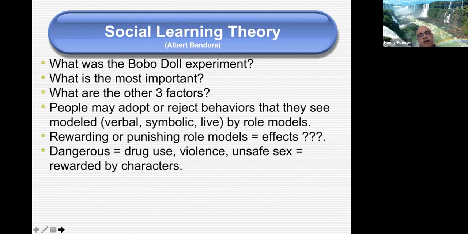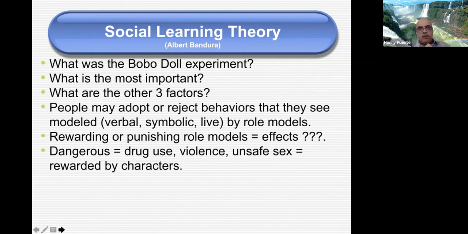Basically, Albert Bandura does a Bobo doll experiment in front of a bunch of kids. It was done in the lab, which is kind of the weakness of these effects theories: you can't replicate society in a lab. It's very difficult because society is an uncontrolled environment and a lab is a controlled environment.